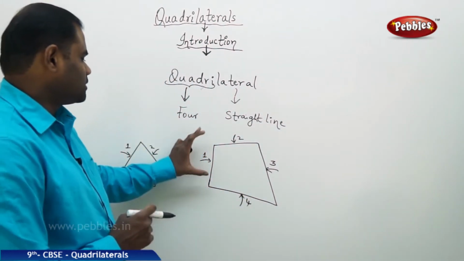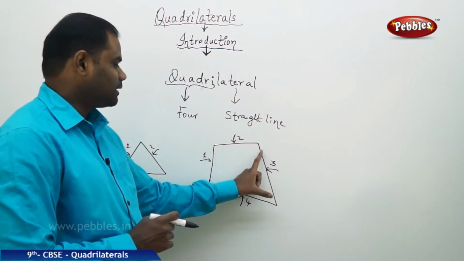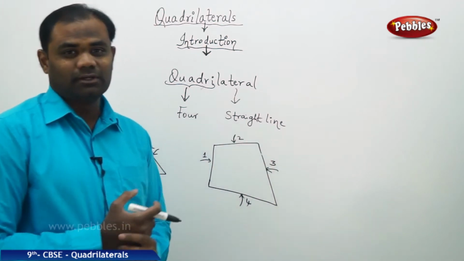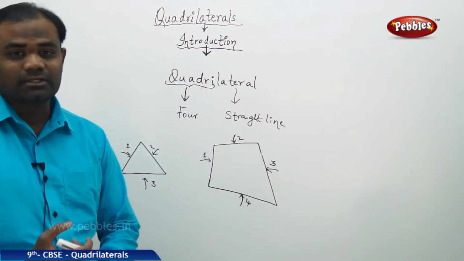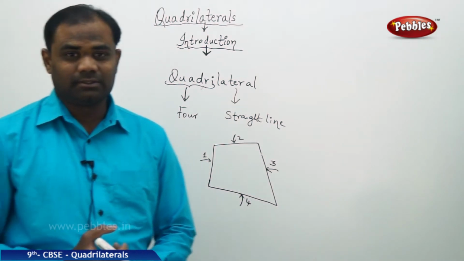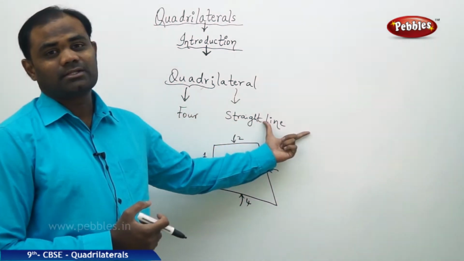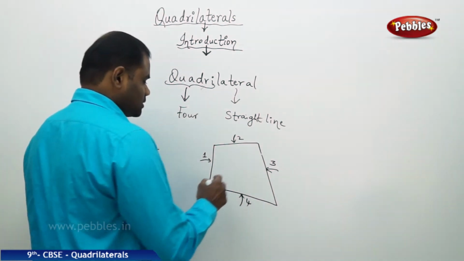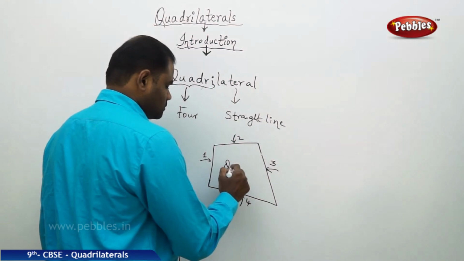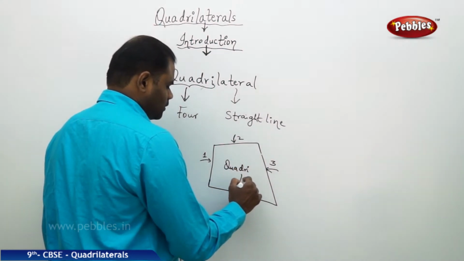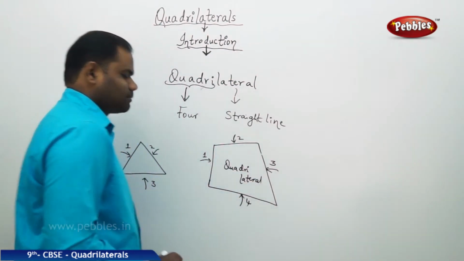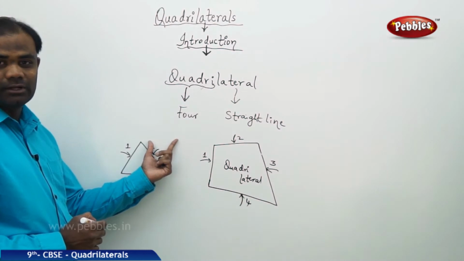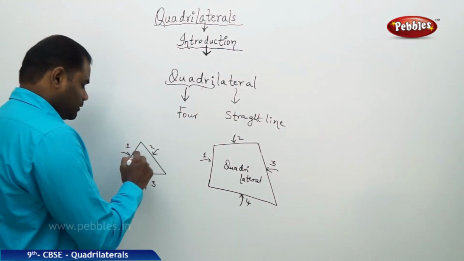Therefore, each of the lines, line 1, line 2, line 3, and line 4, are joined together to form a closed figure. Such a figure obtained is called a quadrilateral. A four-straight-line figure is called a quadrilateral, and a closed region formed by three lines is called a triangle.